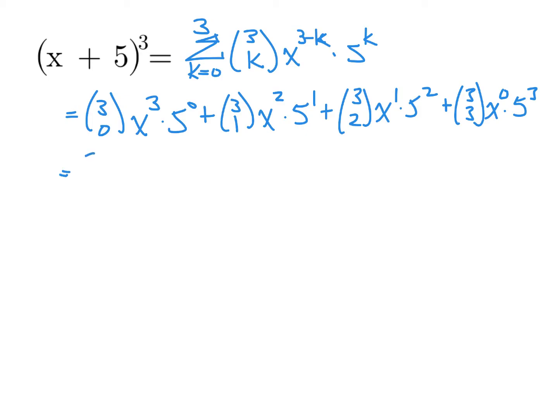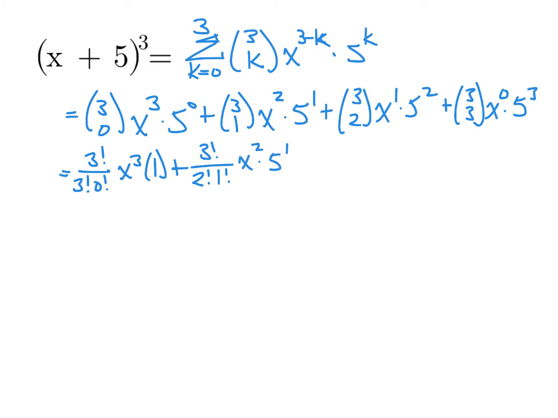3 choose 0 is 3 factorial over 3 minus 0 factorial times 0 factorial. X to the third, and 5 to the 0 is 1. Next term, 3 factorial over 3 minus 1 factorial, so that's 2 factorial times 1 factorial. Okay, and notice this, x to the second, 5 to the first.